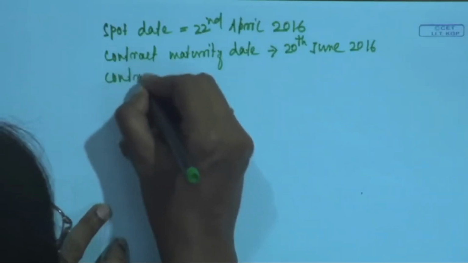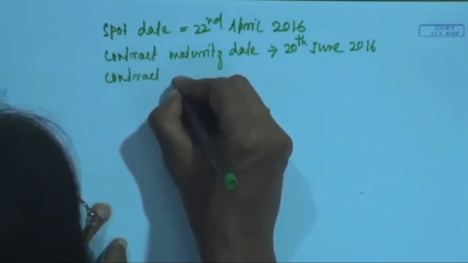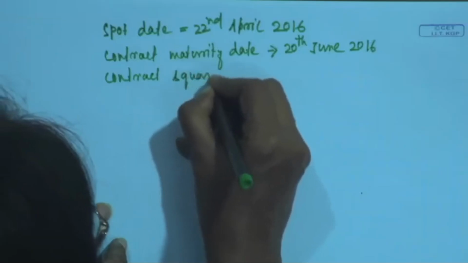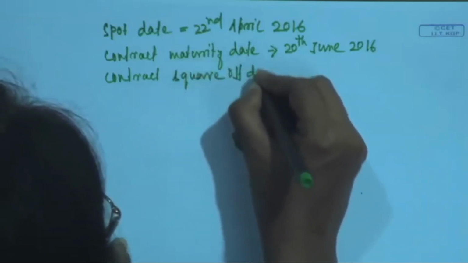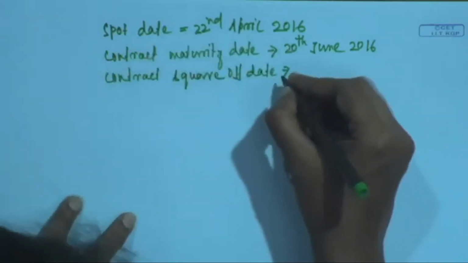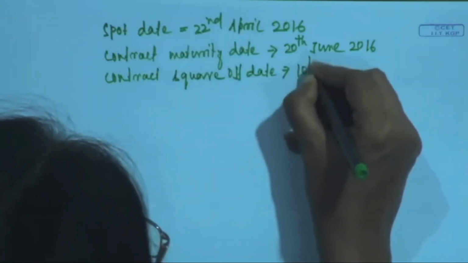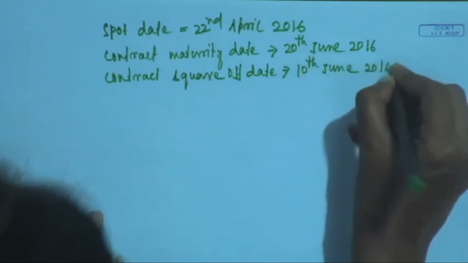The contract square off date, the day he squares off, is 10th June 2016.